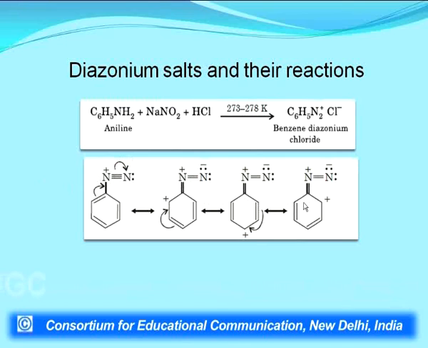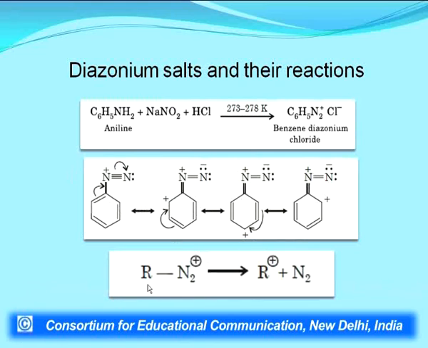So, all these resonating structures make aromatic diazonium salts a bit more stable, whereas no such resonance is possible in aliphatic diazonium salts, so they immediately break. This is an aliphatic diazonium salt which is formed. This breaks in a way that this is lost as nitrogen, we get a carbocation, and then whatever nucleophile is present may react with it.